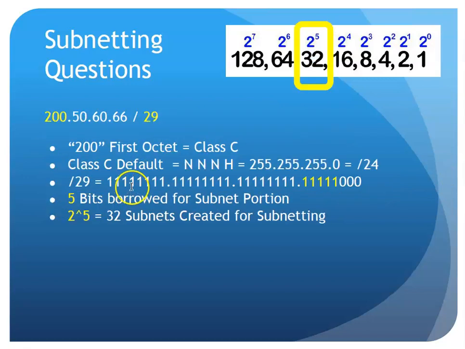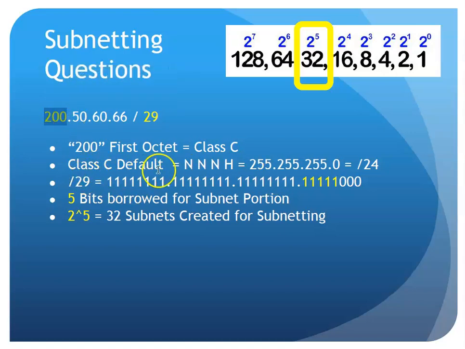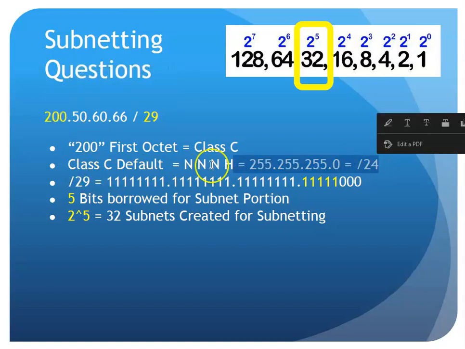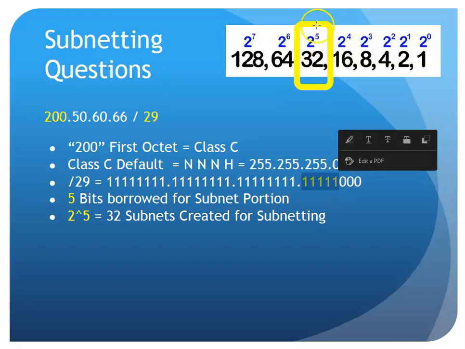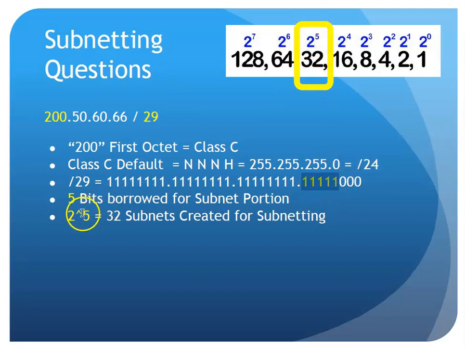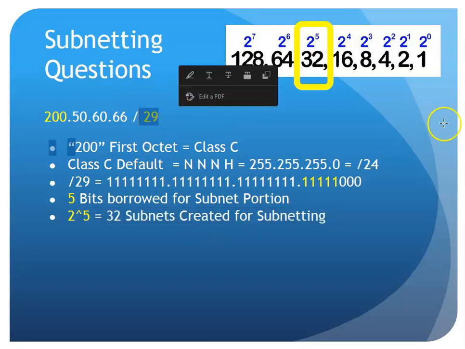The next slide shows exactly what I just did. 200 tells me class C, so this is my default. With 29, there's a difference of 5, so 5 bits were borrowed, and 2 to the 5 gives me 32 subnets. So I need to lean back on all the defaults that I know and look for what's changed.